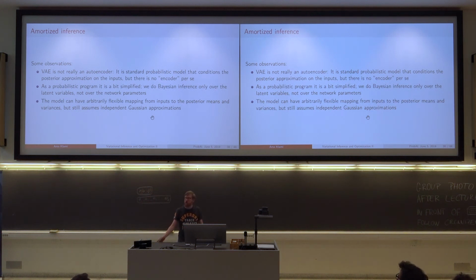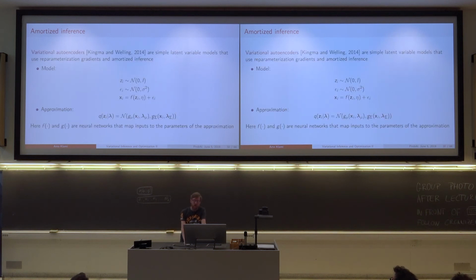Variational autoencoder is not this. There is no notion of taking an input and mapping it to the latent space. Instead, you assume that your latent variables follow some simple distribution. The encoding part is simply that the parameters of an approximation you put on these latent variables are functions of your inputs.